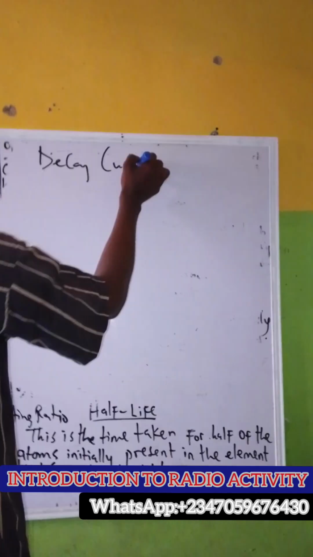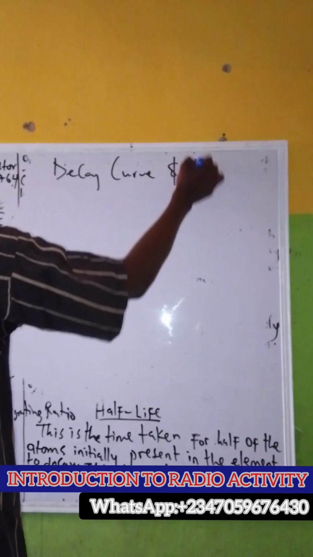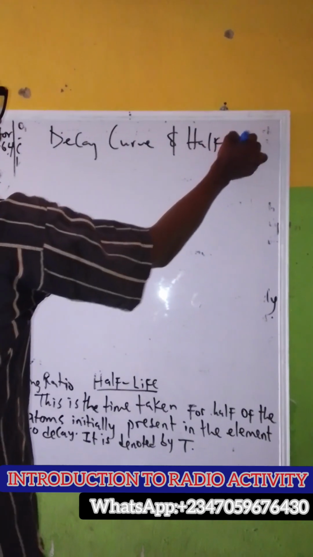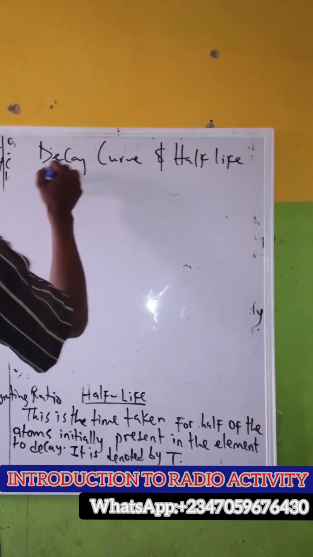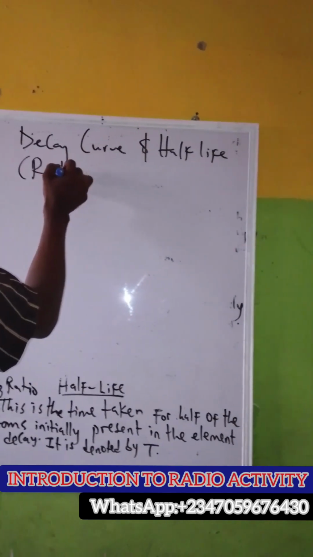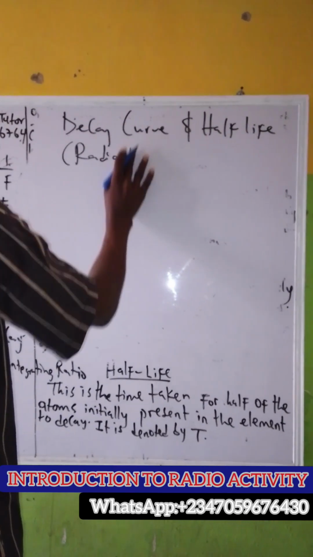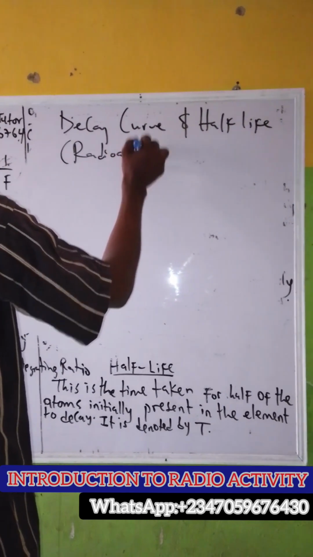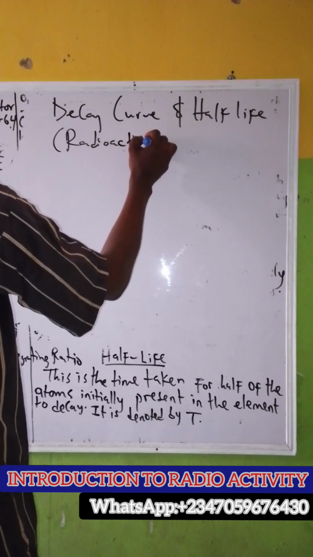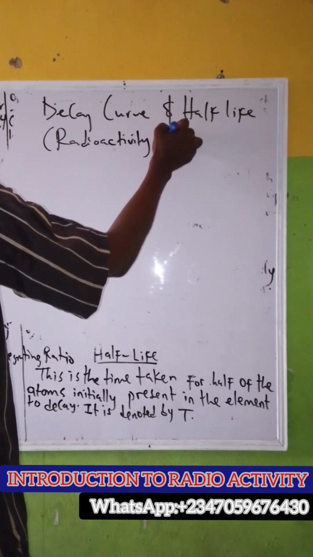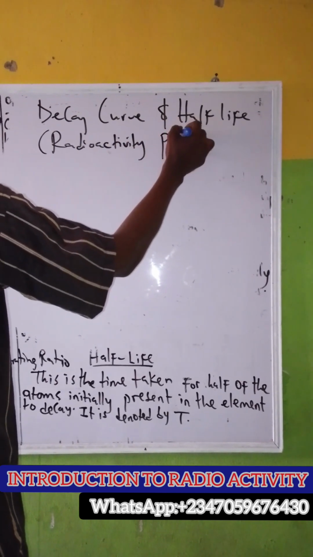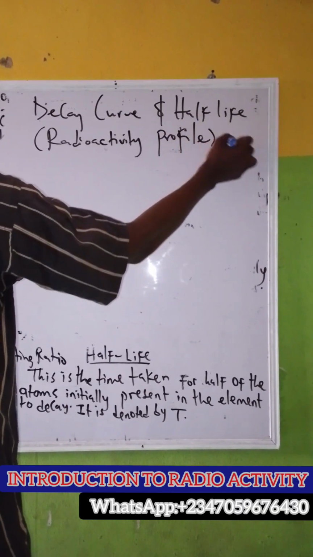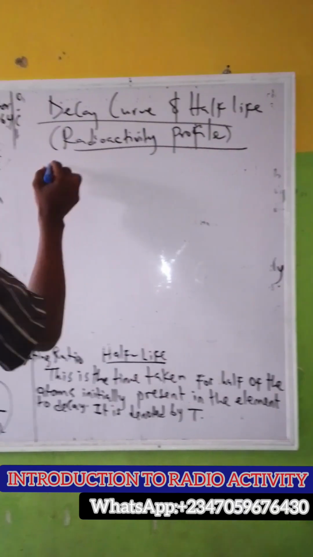Decay curve and half-life. We can call it the radioactivity profile. So it goes this way.